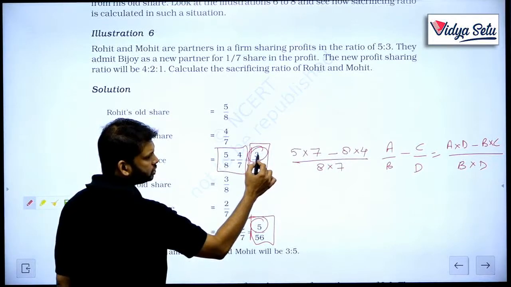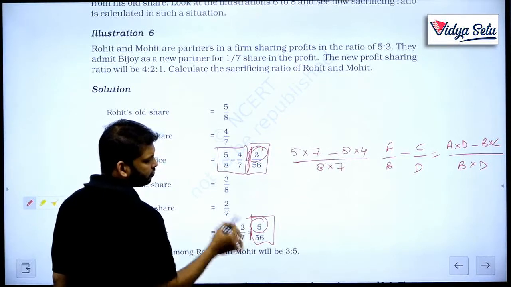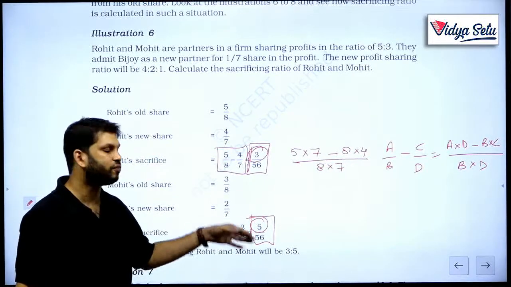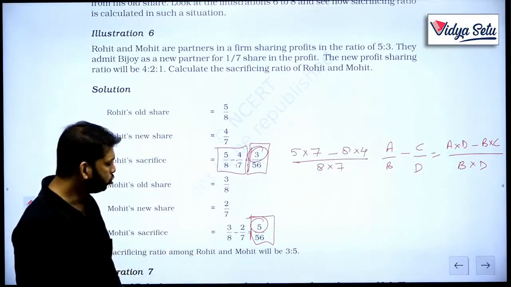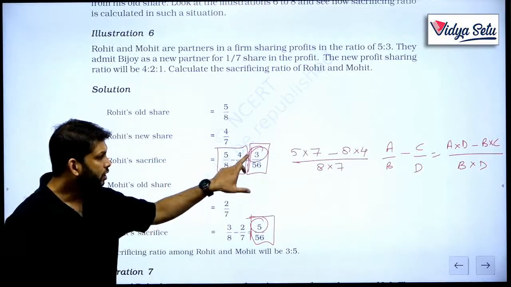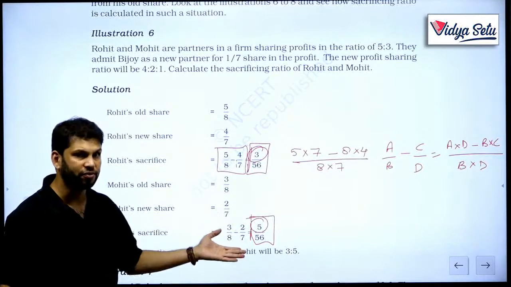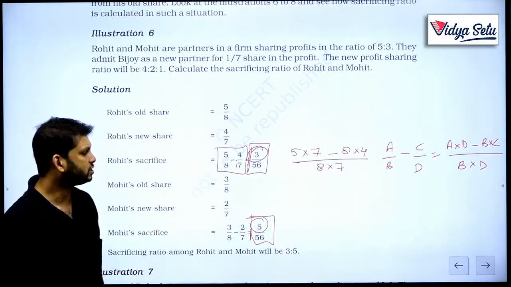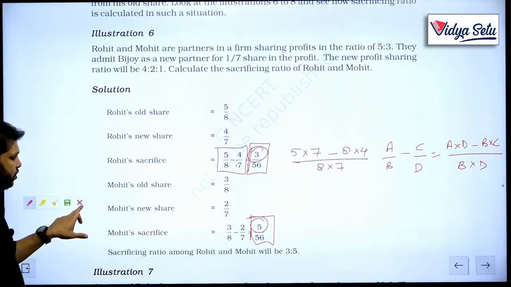He is sacrificing 3 upon 56 and he is sacrificing 5 upon 56. So the ratio of their sacrifice amongst themselves is 3:5. Do remember, the total of 3 and 5 should not be 56. This is the fraction and this is amongst them. The sacrificing ratio is 3:5.